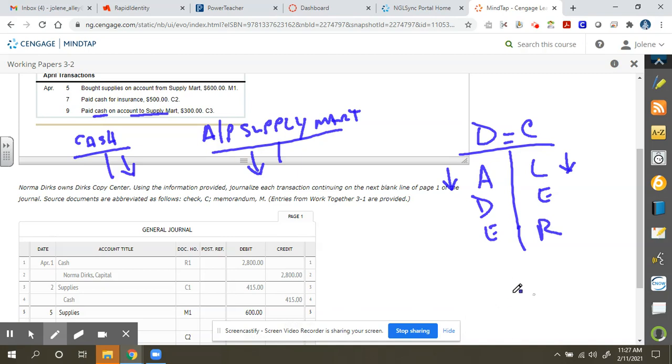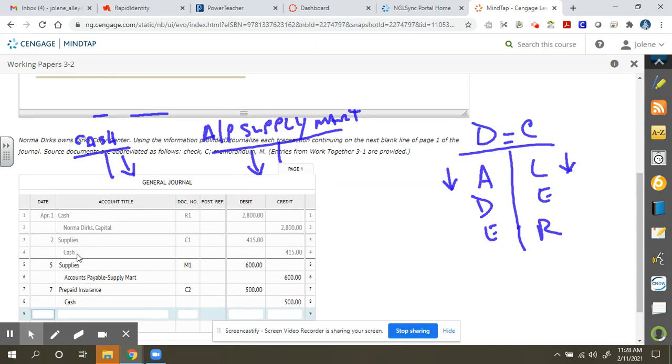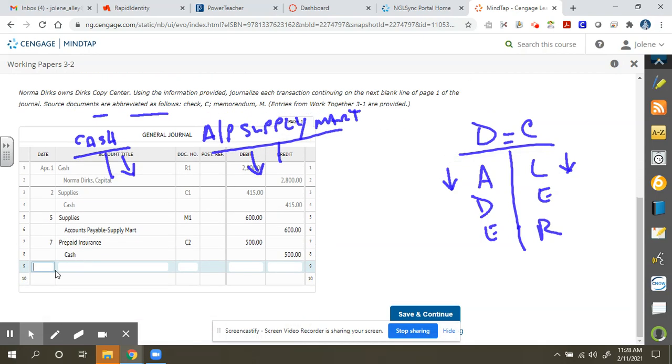Okay, and what I want you to see here is that, well, let's fill this in. I'll show it to you. This was on the 9th. Accounts payable Supply Mart.